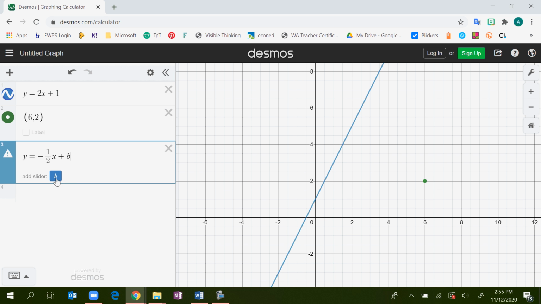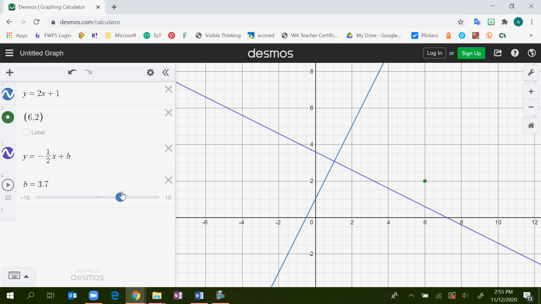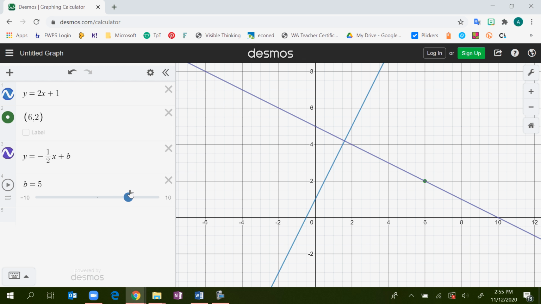Okay. The cool thing about Desmos is we can add this slider and pass it through to figure out that point. So if you are having trouble with solving out the algebra part, make sure you come to Desmos, try out this slider. Use y equals your perpendicular slope x plus b, and then you can solve for b by moving this slider.